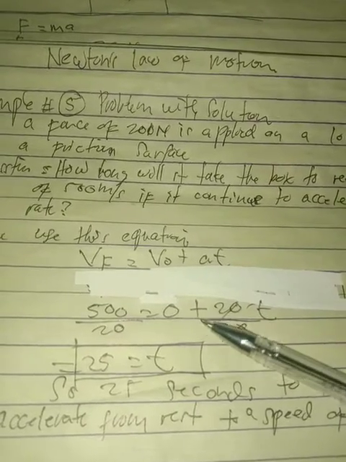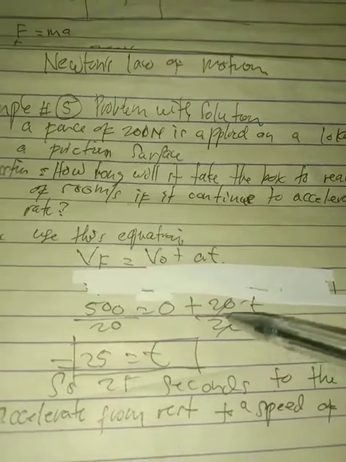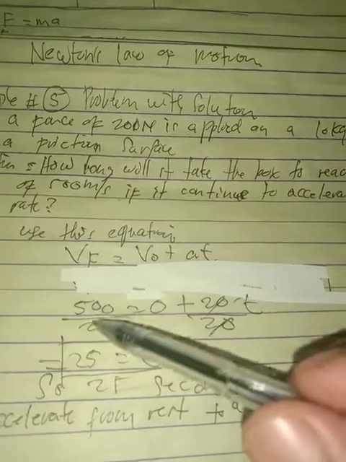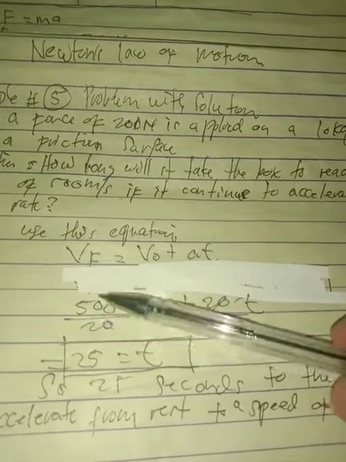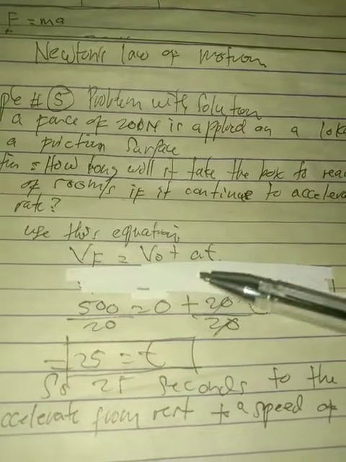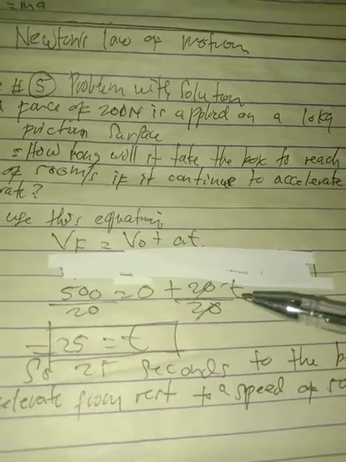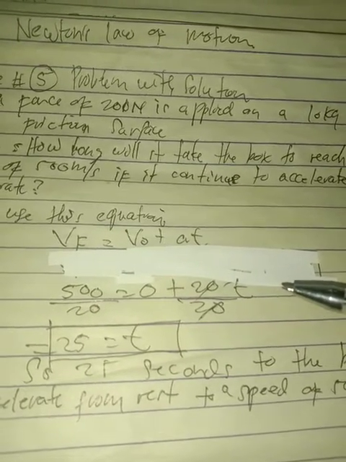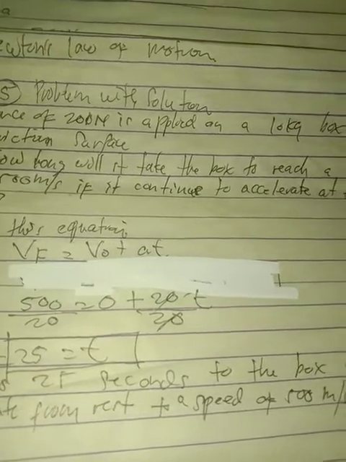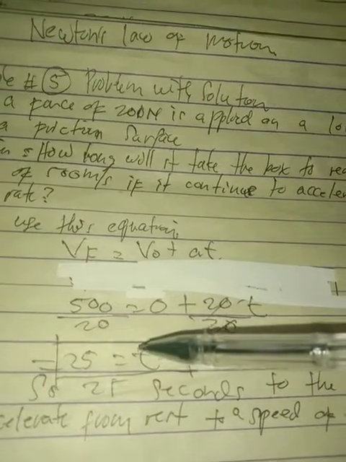We divide by 20 and cancel it here. So we divide 500 by 20, which equals 25. Our answer is 25 seconds for the box to accelerate from rest to a speed of 500 meters per second. This is our final answer in sample number 5.